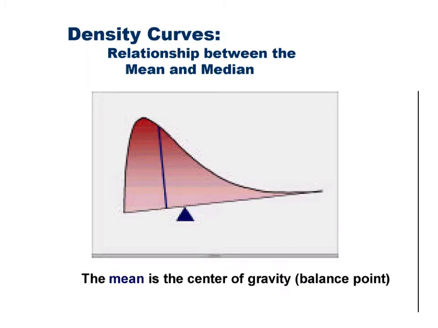Okay, and they tell us that the mean is always the balance point. So you can find the mean, where there's a certain amount of probability on this side that will have to equal the probability on this side.